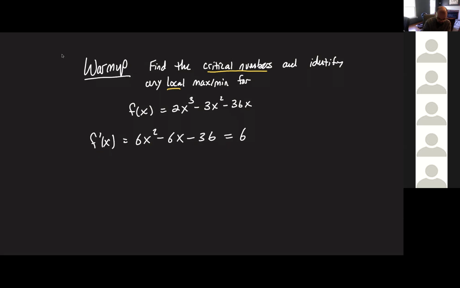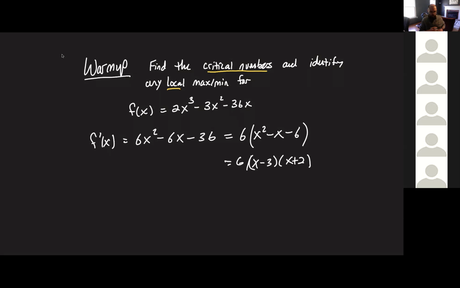It seems like there's a lot of 6's and 36's in this, so I'm going to factor it first. I can factor out a 6, which will give me this, and it looks like I could quickly factor this other piece into x minus 3, x plus 2.